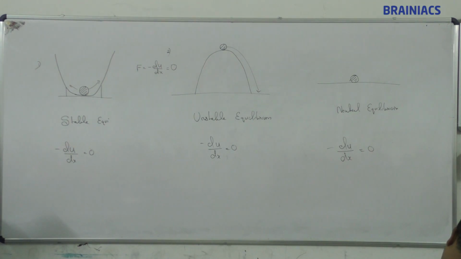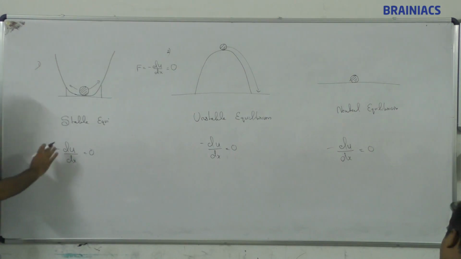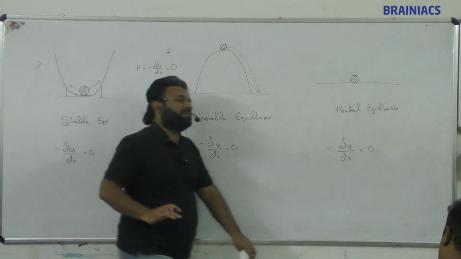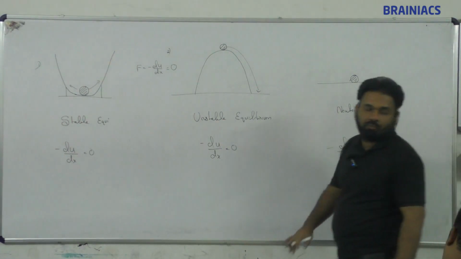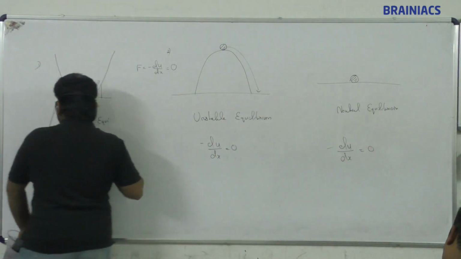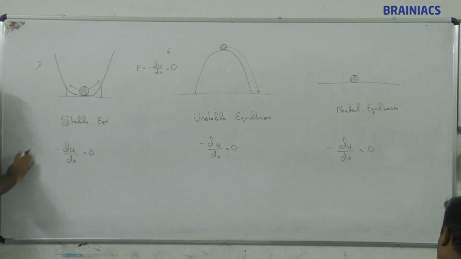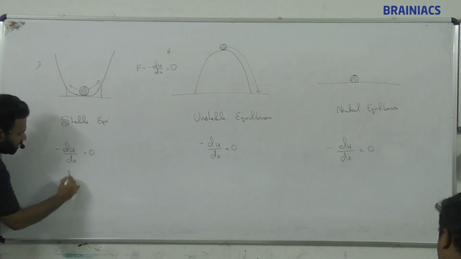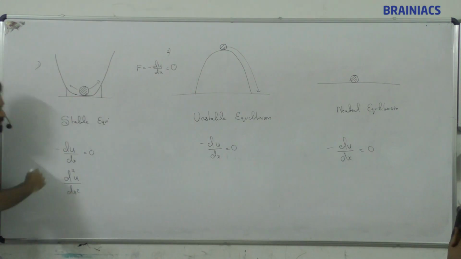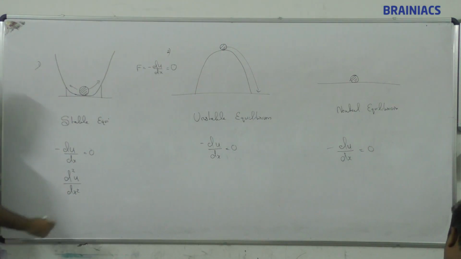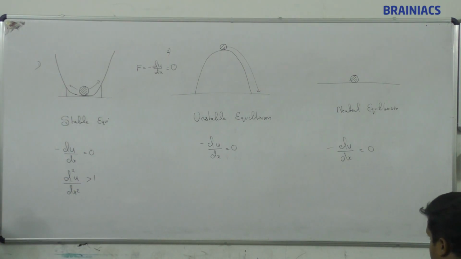Now we need to know whether this is stable or unstable or neutral. So what we can do is, if you differentiate this again, d square u by dx square, if this is greater than 0, then this is going to be stable equilibrium.